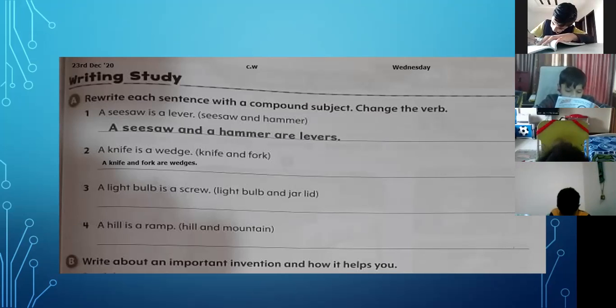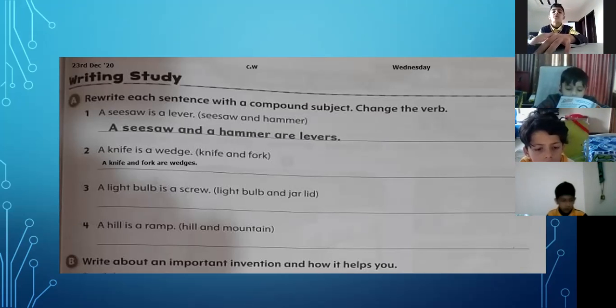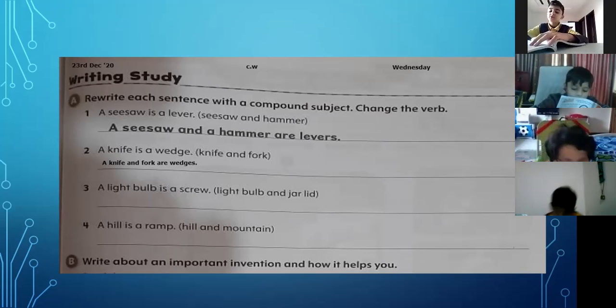Ma'am, a light bulb are jar lid. And jar lid, what will be the next? Is a screw. You would say is a screw. What do you think? A light bulb and jar lid, you're talking about multiple subjects here. So what you would say is a screw. Instead of using is, what would you say? Are screws.